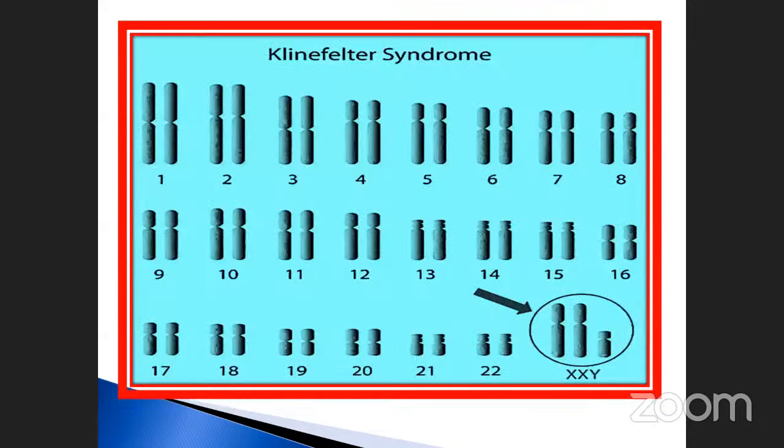See what is happening here. The same 22 pairs as it is. The last one, see, XX, XY. The XY is the male character, but there is one additional X also here. As a result, the male has an extra female X character.